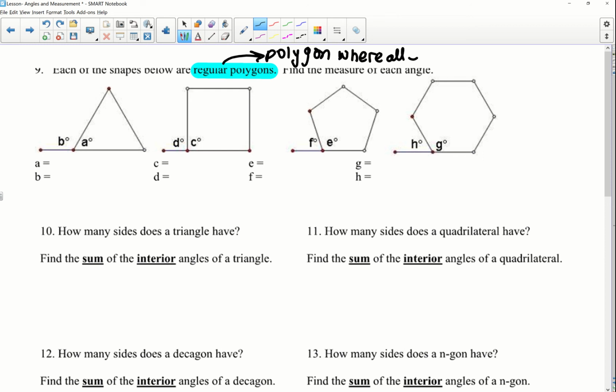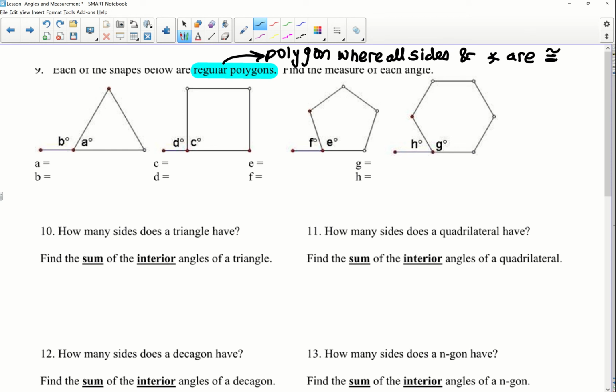And remember, congruent just means geometrically equivalent. So it tells us that we don't actually have to know the numerical value in order to know that they're the same size.